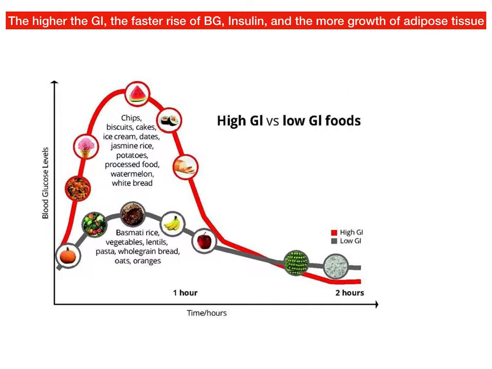So any food can actually be classified according to how much it causes a rise in blood glucose level, and that's what we call the glycemic index. The glycemic index is a number from 0 to 100. For example, if it's 100, this means that blood sugar will be increased 100% after that sort of food.